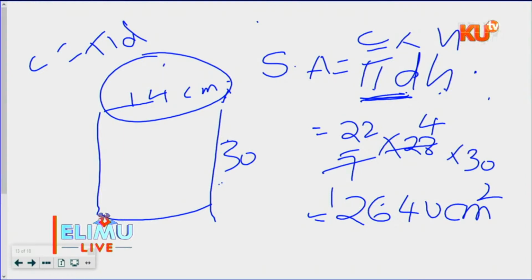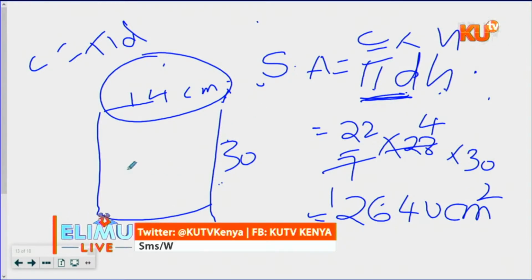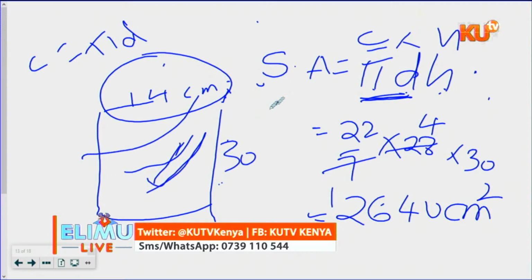I will go over the question again so that we understand better. This curved part was painted white. So we say surface area of curved part is equal to circumference times height.